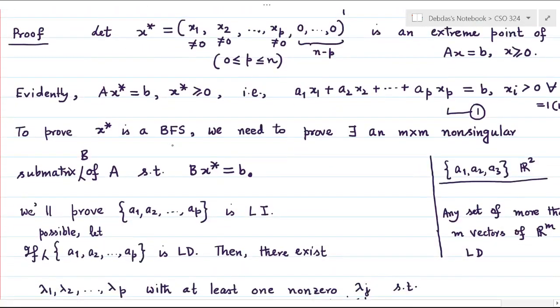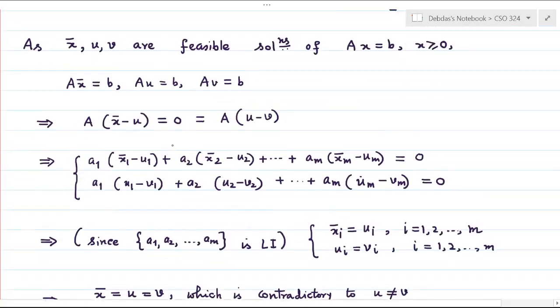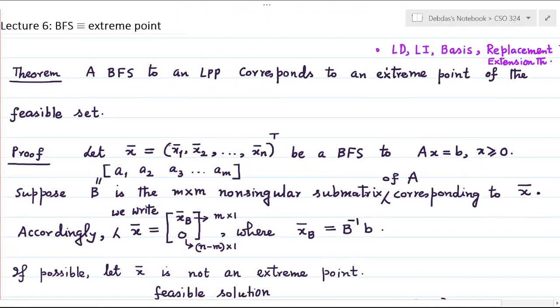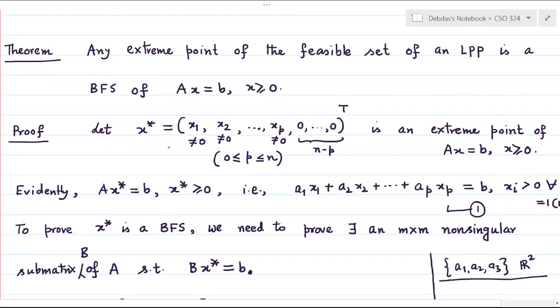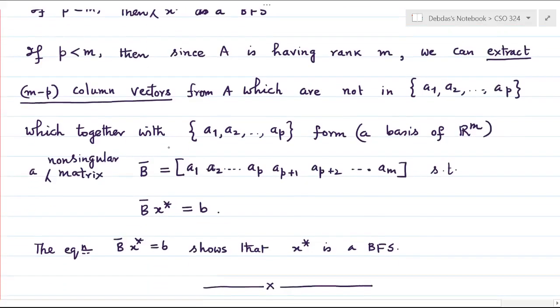We found that any basic feasible solution to an LPP corresponds to an extreme point of the feasible set, and we also proved the reverse result. Any extreme point of the feasible set is a BFS. We proved that last day.